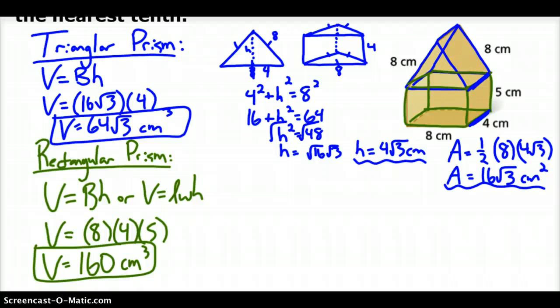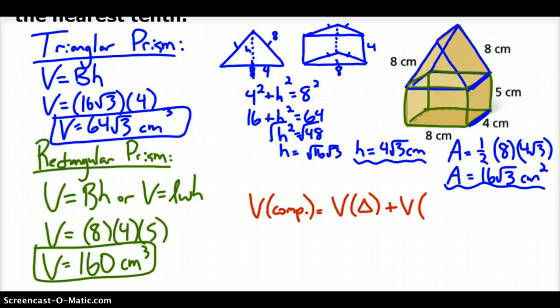So we'll say the volume of the composite is going to be equal to the volume of the triangular prism plus the volume of the rectangular prism. So our volume is just going to be equal to 64 rad 3 plus 160.